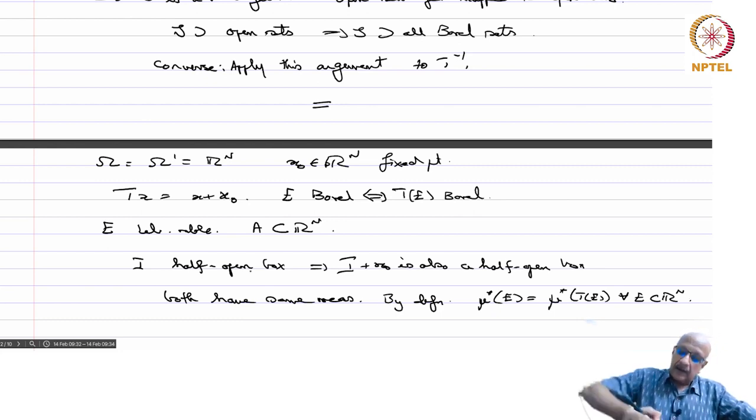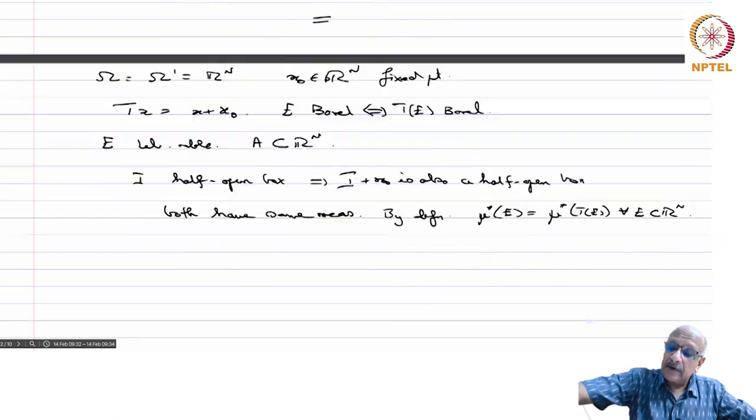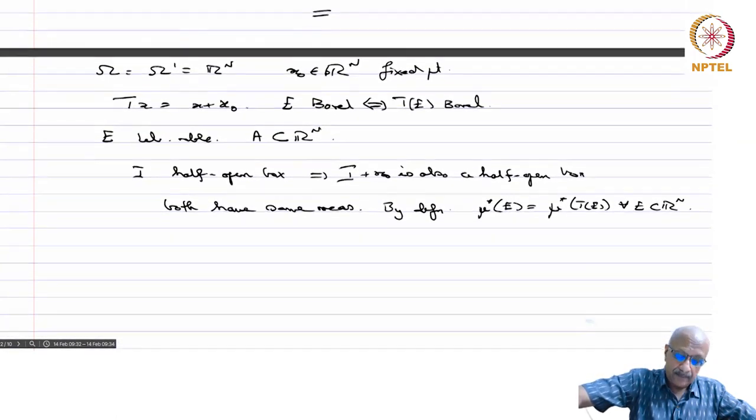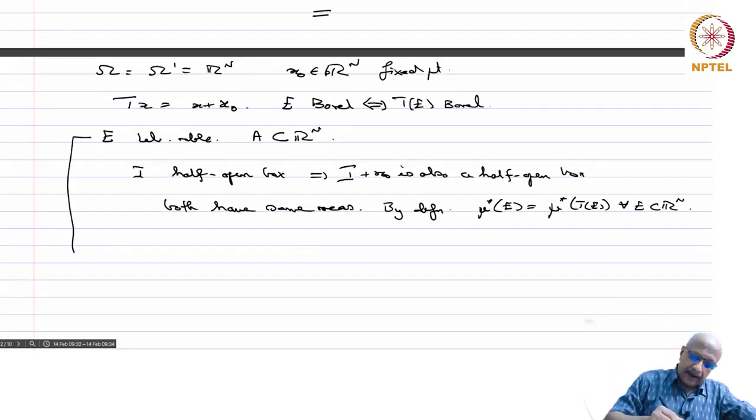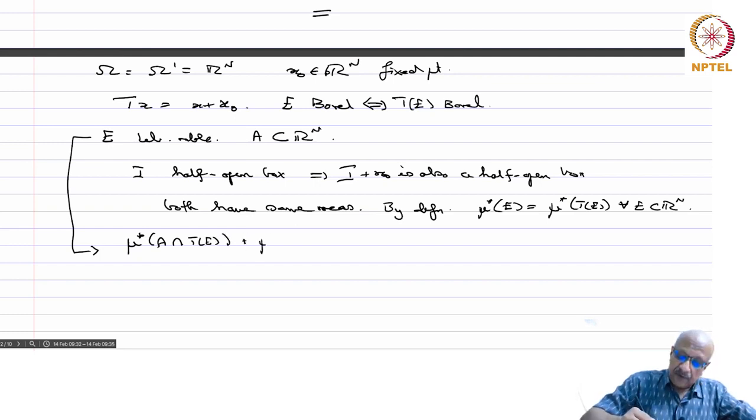Now if E is a Lebesgue measurable set and A contained in Rn, let us compute mu star of A intersection T(E) plus mu star of A intersection T(E) complement.